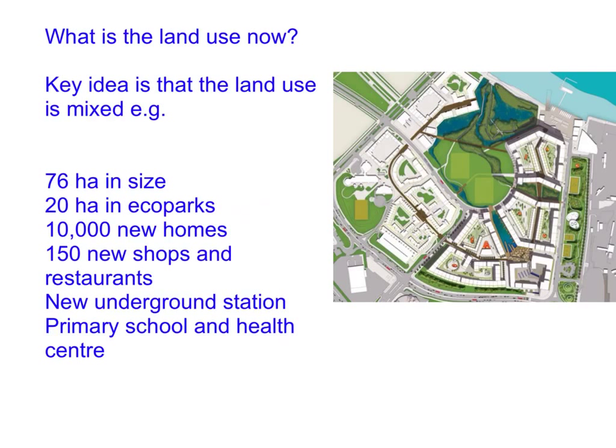Now, once we understand what the land use was, the next thing we have to explain to the examiner is how this land use has changed. If you look at the map, you'll see it's radically different from that old industrial wasteland. So that brownfield site has been turned into a very vibrant mixed land use area. The total area is 76 hectares in size, of which 20 hectares is made up of eco-parks.